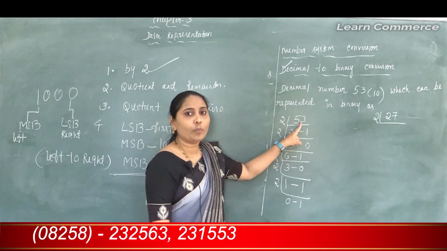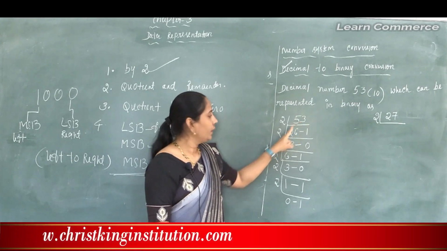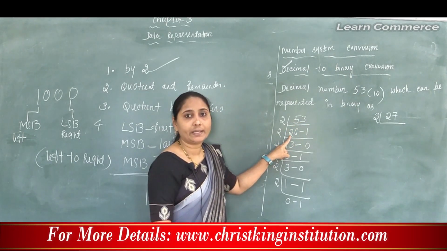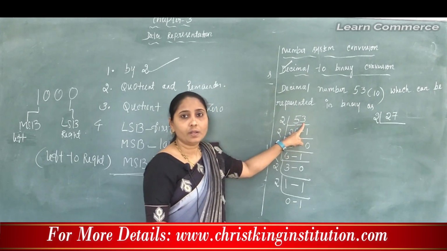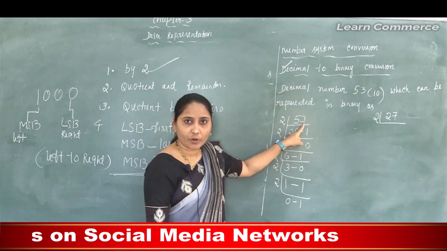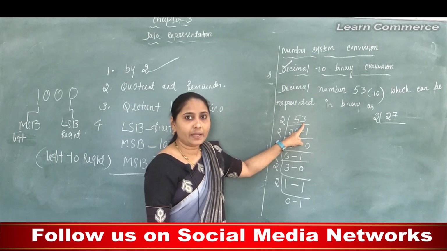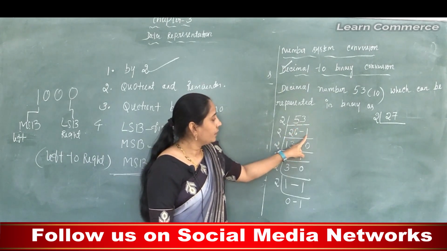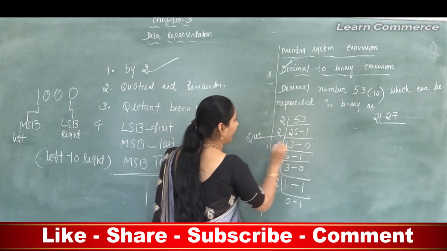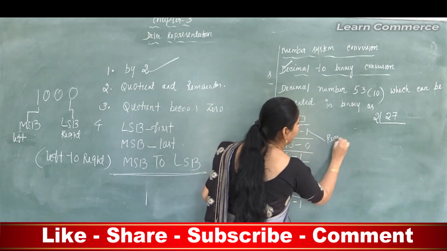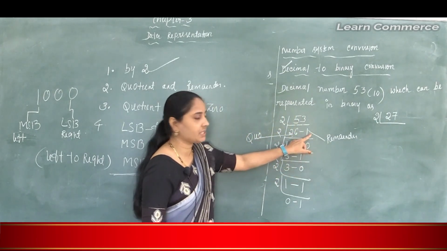When you divide 53 by 2, it will go 26. Clear this point? 26 into 2 gives 52. Now the remainder is 1. This is called the quotient and this one is called the remainder.